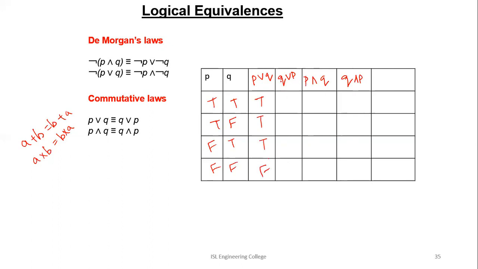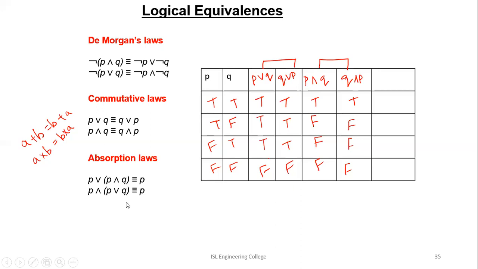Now look over here, even if you change the order, it will give us the same truth values. So true, true, true, false. With P and Q, this will be true, false, false, false, and then again true, false, false, false. So if you notice, both of them have the same truth values.